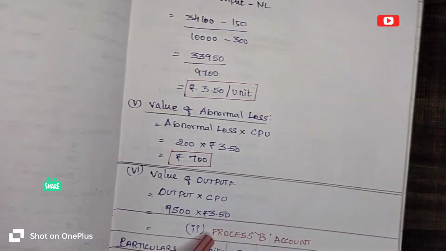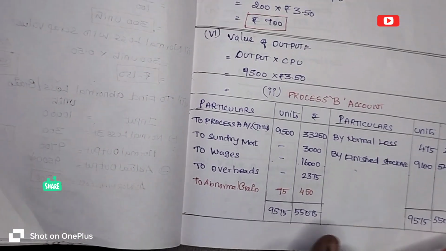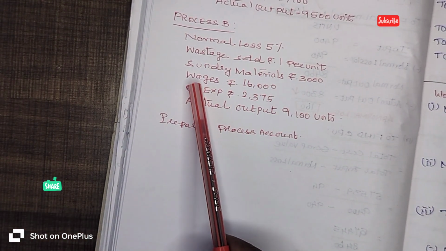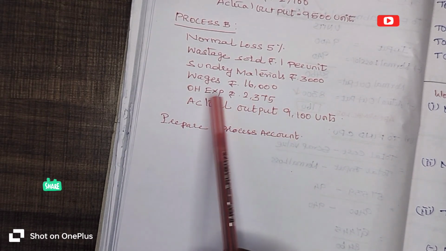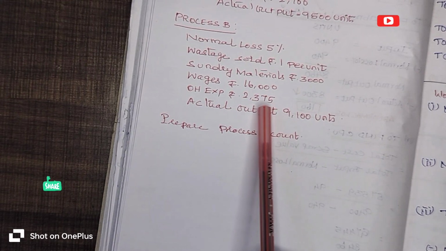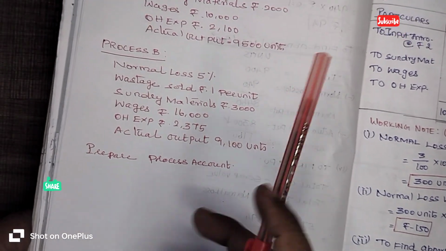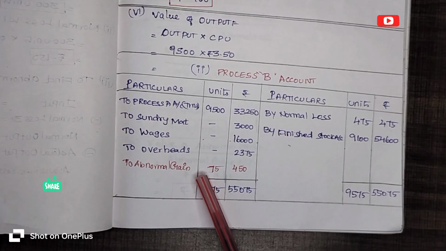Now we are going to prepare process B's account. What items have they given for process B? Normal loss 5%, wastage sold at 1 rupee per unit, sundry material 3,000, wages 16,000, other expenses 2,375, and actual output 9,100 units. From this information we need to prepare the process B account.